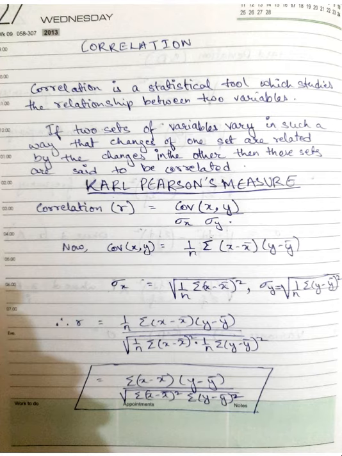So here we can ordinarily say that height and weight are positively correlated. Another example is the price of petrol and the sale of automobile vehicles. The higher the price of petrol, the lower will be the sales of cars.